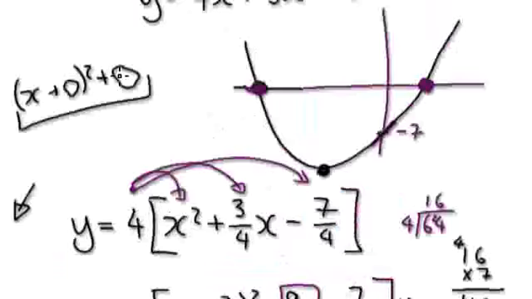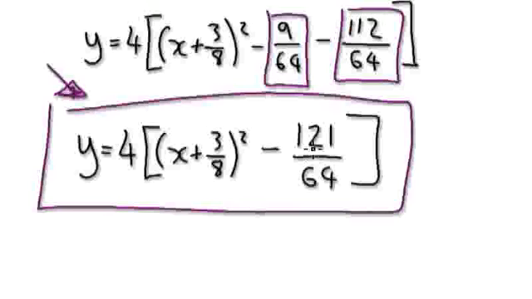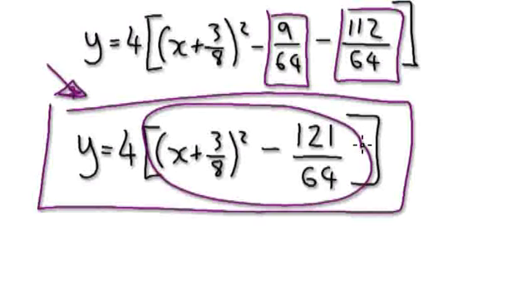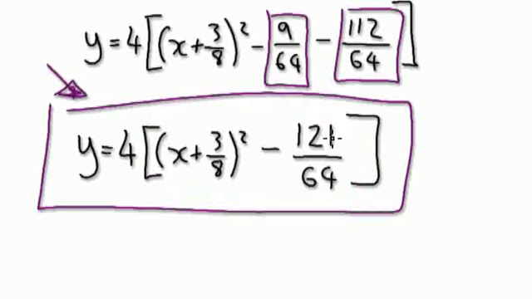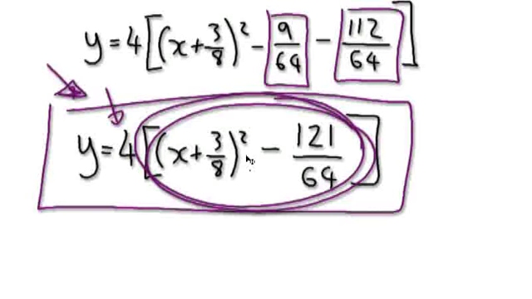Now, if you want to find this point here, you've got to ask yourself, what is the lowest possible value that y could be? Here I've got 4 times something. If I can make that something the smallest possible, even though there's a 4 here, I can just concentrate on getting this to be as small as possible.